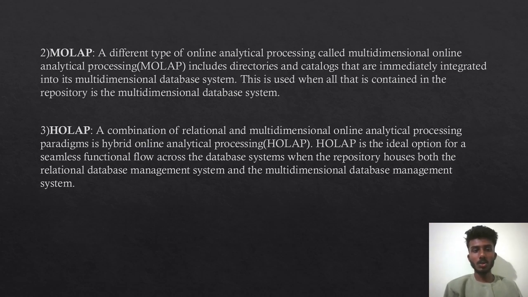Third one is HOLAP. A combination of relational and multidimensional online analytical processing paradigms is hybrid online analytical processing. HOLAP is the ideal position for a seamless functional flow across the database system when the repository houses both the relational database management system and the multidimensional database systems.